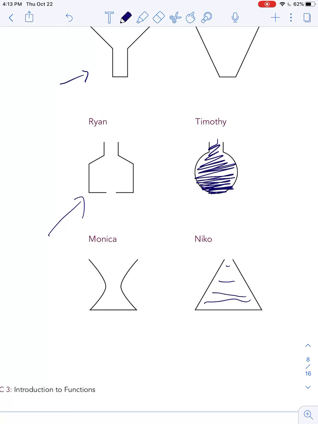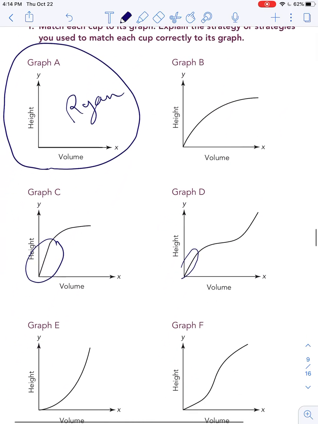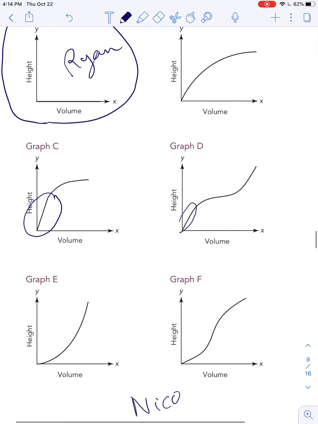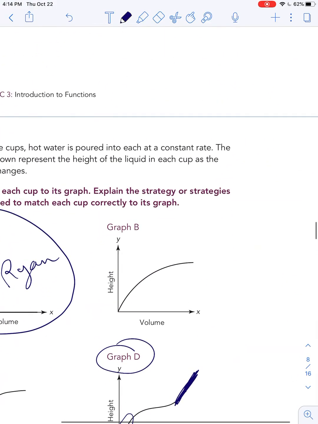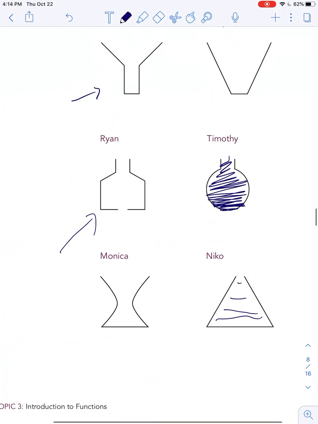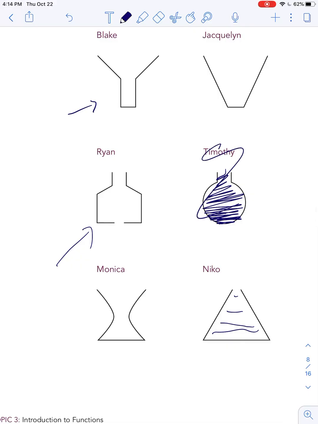Timothy is one that at the end fills quick. So the end fills really quick. Oh, this one right here, this has a fast constant. Look at how steep that is. So that one is definitely Timothy. Okay, so I got Timothy, I got Ryan.